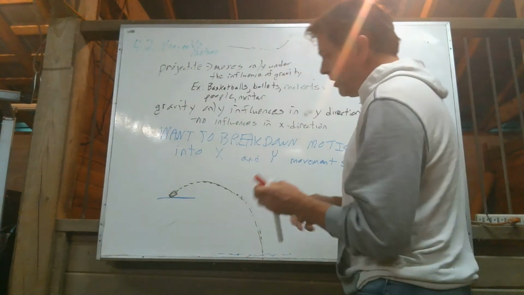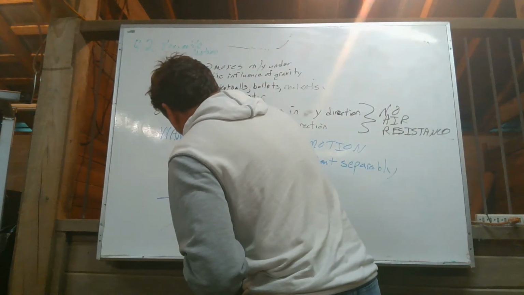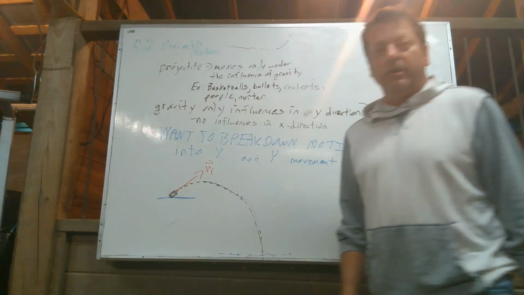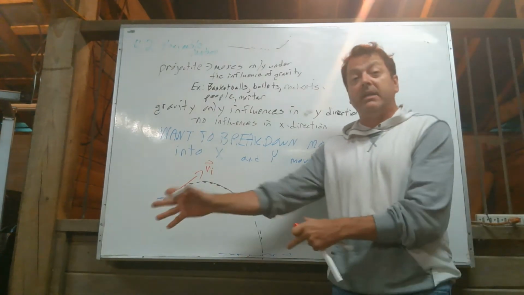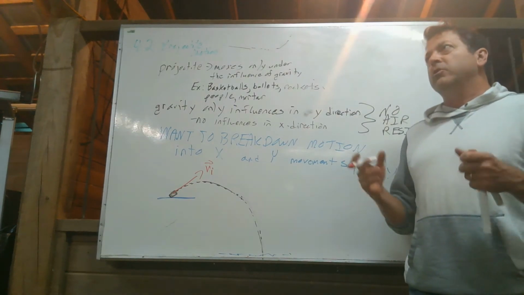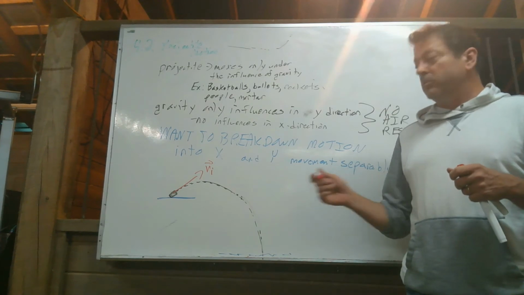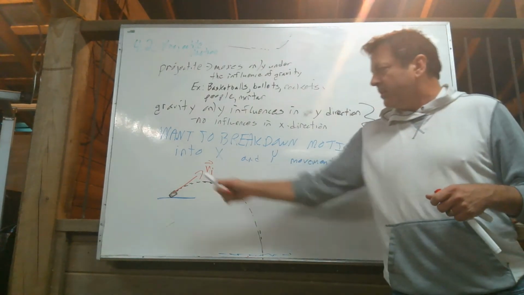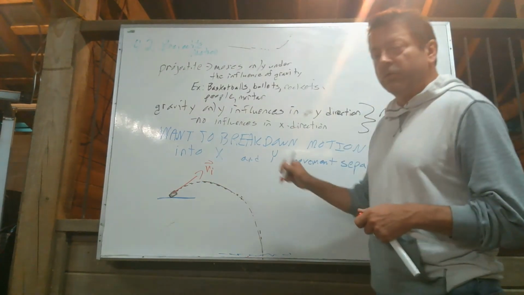Now, what's going on in the very beginning? There's your initial velocity. That's a vector. And last time we said we could break vectors down into X and Y components. So if I can break vectors down into their components, why can't I break down the cannon, the guy shooting out of the cannon, into an X motion, into a Y motion?